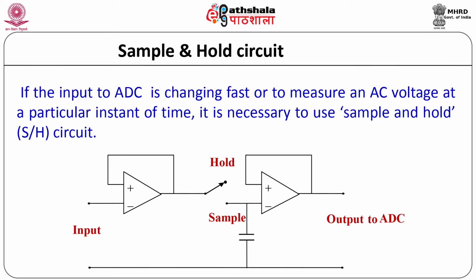If the input of the ADC is changing fast, or to measure an AC voltage at a particular instant of time, a circuit as shown in the figure can be used, which is known as a sample and hold circuit. The first block is a buffer and the second block is a switch in shunt with a capacitor. The output of the sample and hold circuit is then given to the analog to digital converter.